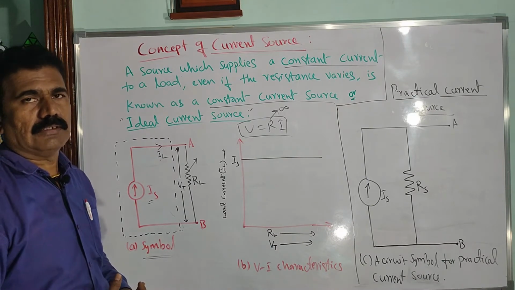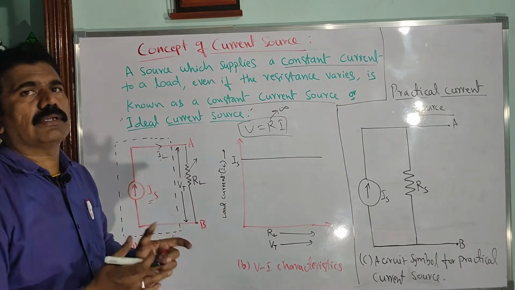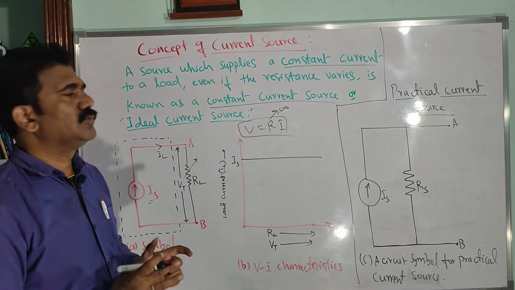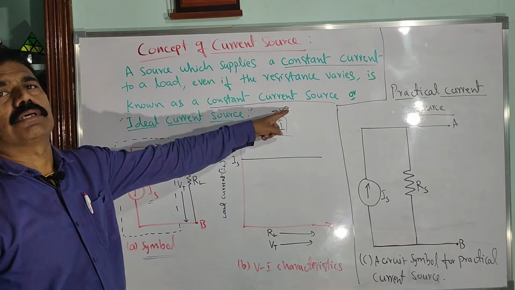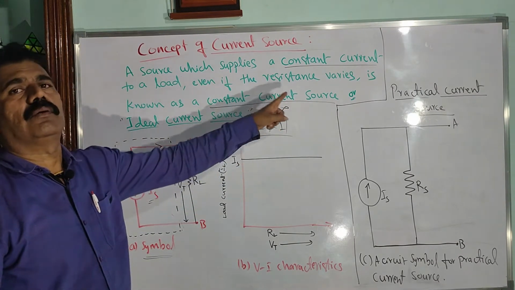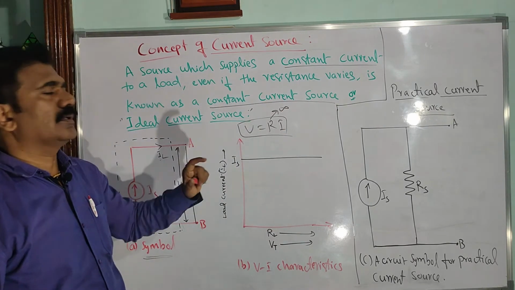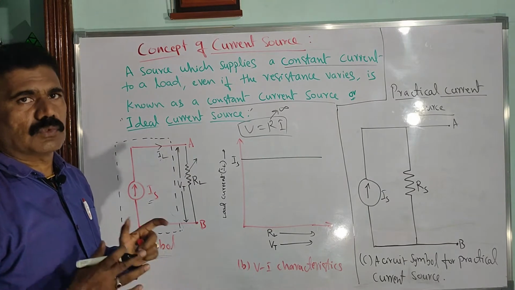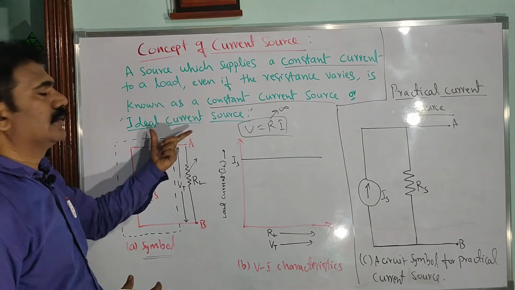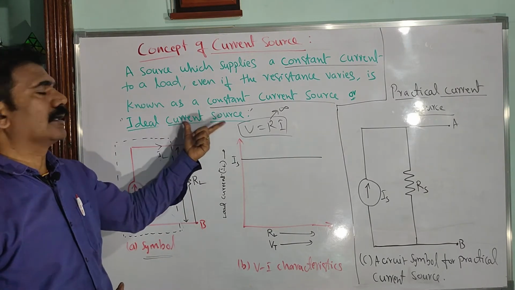That much power is going to be consumed across an infinite resistor to draw infinite voltage. Clear? That is why it is not possible to consider such sources at all, so that we can say it is an ideal current source.